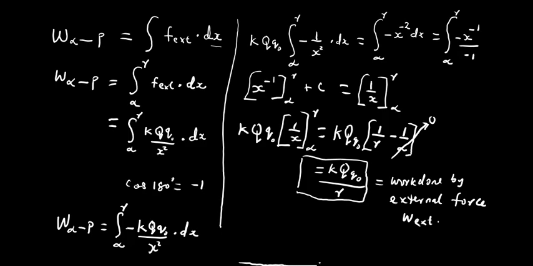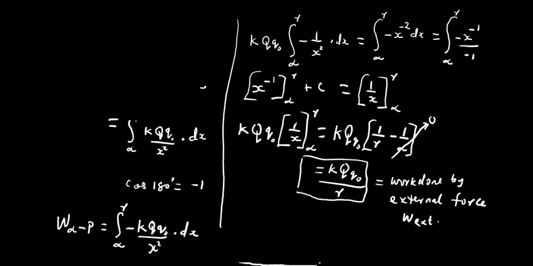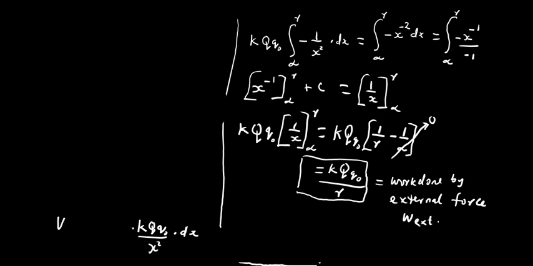Okay, let us now try to substitute this into our equation 1. Remember our equation 1: Vp, that's the potential at P, is equal to the work done from infinity to P over q naught.